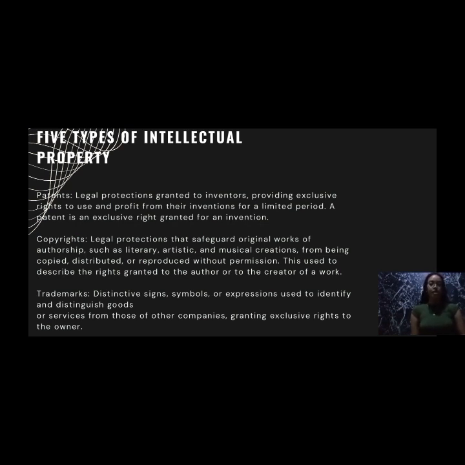A patent provides the patent owner with the right to decide how or whether the invention can be used by others. Patents cover things like inventions, new processes, new machines, and new ways of manufacturing.